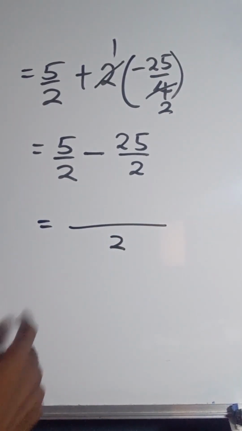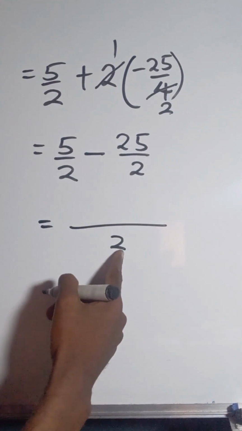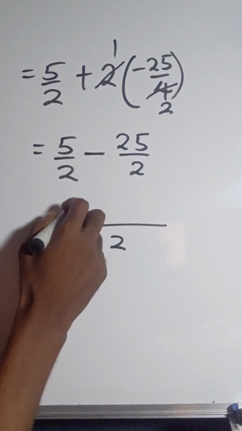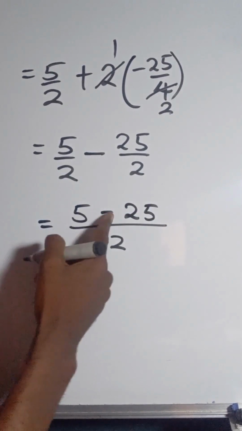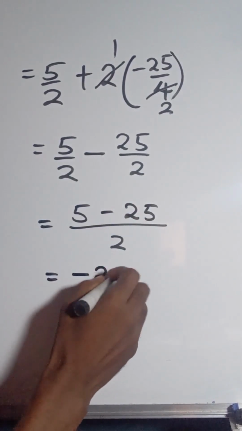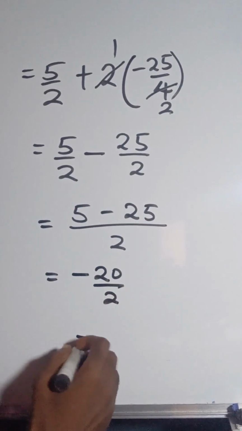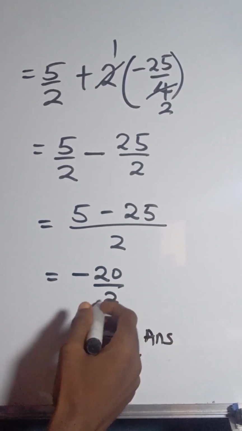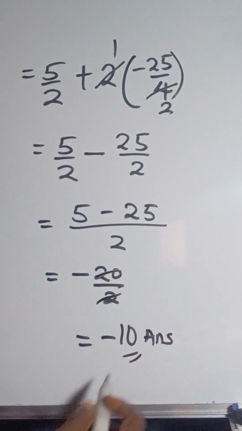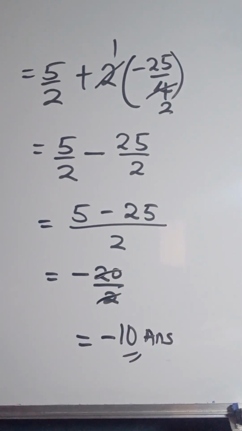When you have a common denominator, you pick one and bring down the numerators: 5 minus 25. This gives us minus 20 divided by 2. So our final answer is minus 10, because 20 divided by 2 is 10. So that's the final answer to this question.